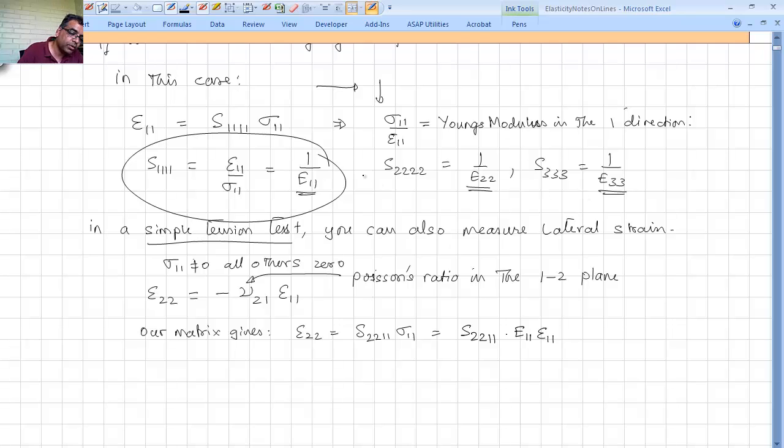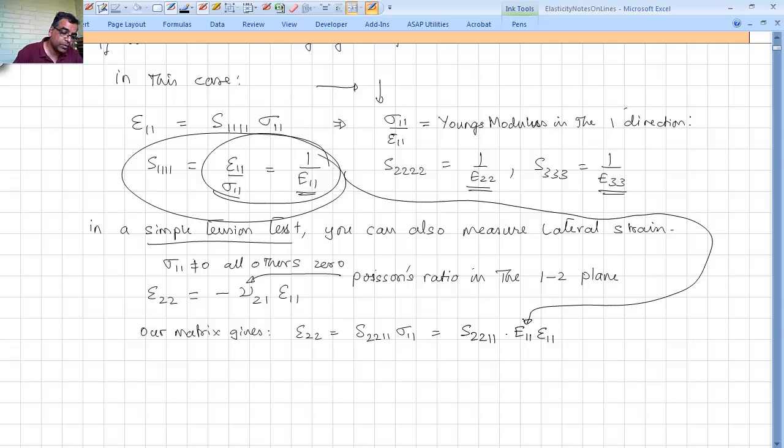Because sigma 11 over epsilon 11 is E11. So if you take that and put it here, you will get that. So this must be equal to minus nu 21.